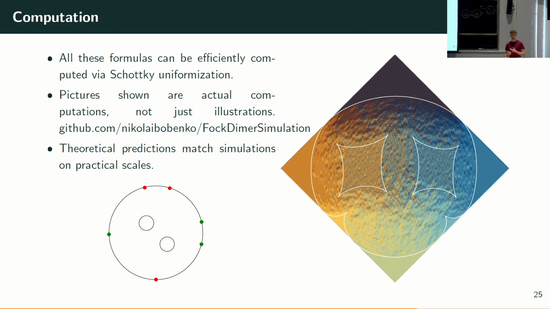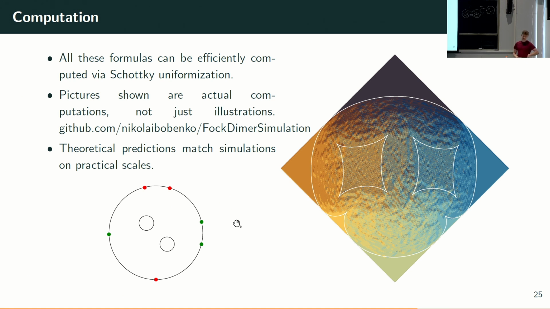There are formulas, well, the weights are computed in terms of theta functions. That can be done, but also these curves that we have right here can be computed quite nicely if you start with a uniformization like this.